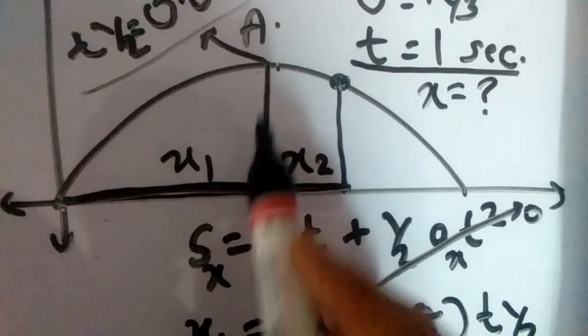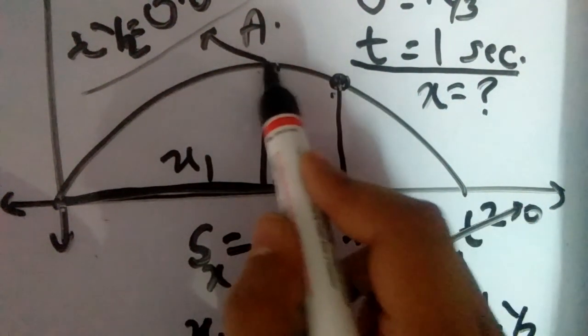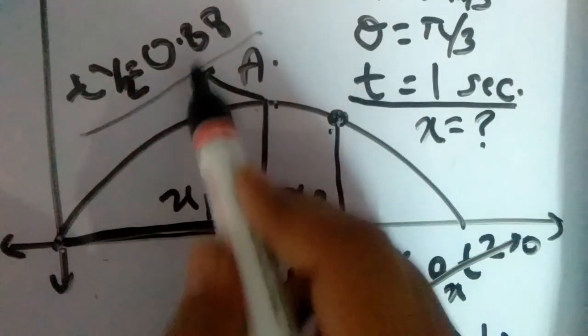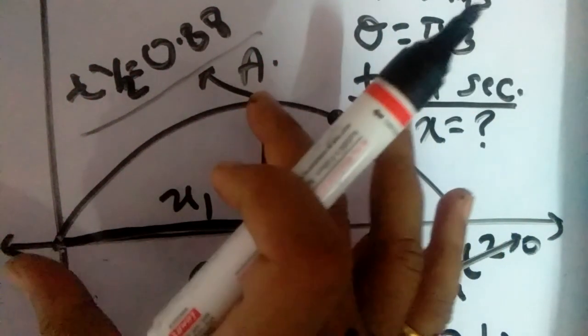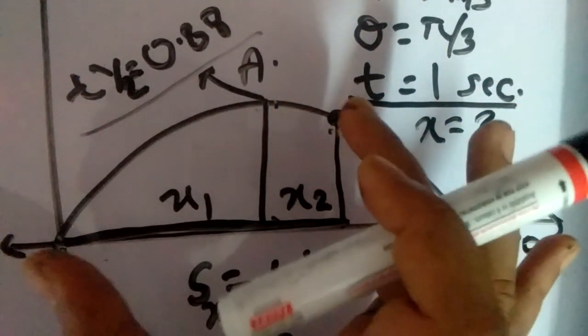We want the interval from A to this point, so the time will be 1 minus 0.88, because the first part of the journey is covered in 0.88 seconds and the whole journey is 1 second.